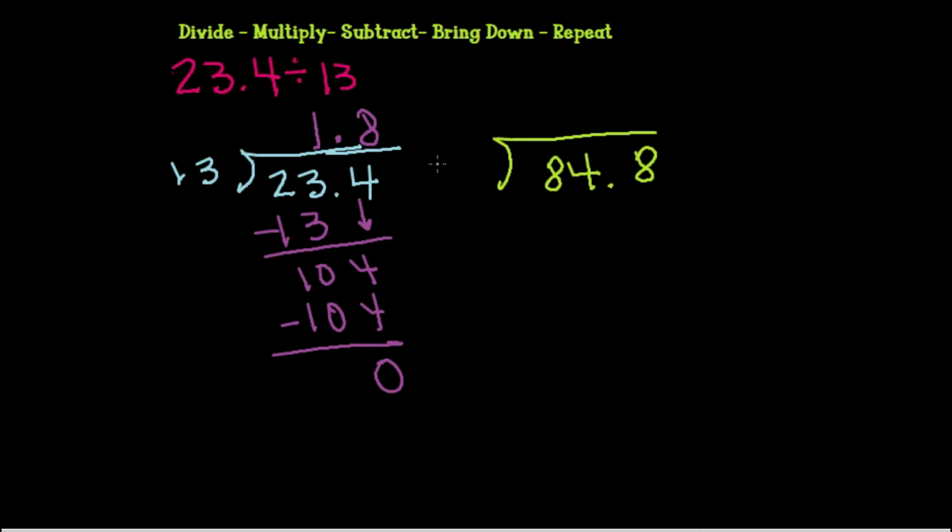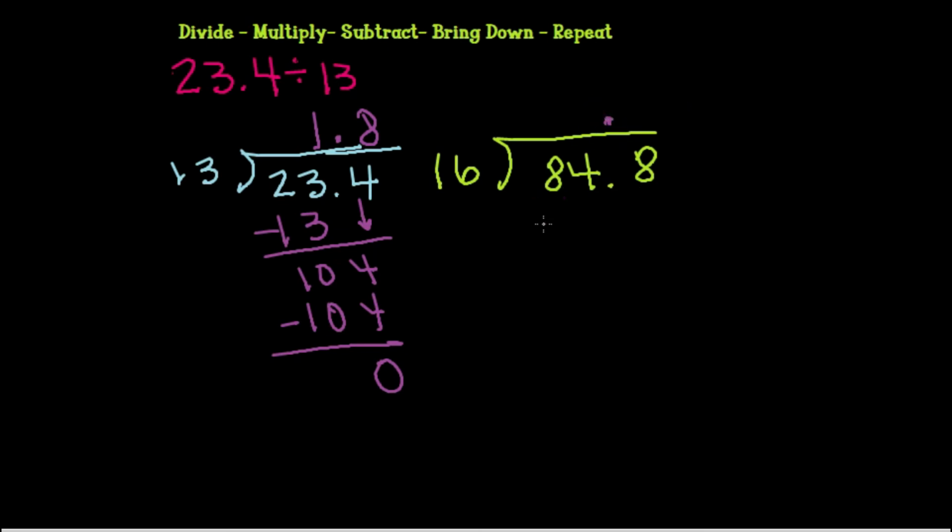And outside we have 16. This is our divisor, or the number that will be dividing the dividend. First of all, we bring our decimal point straight up. There we have it. Okay.